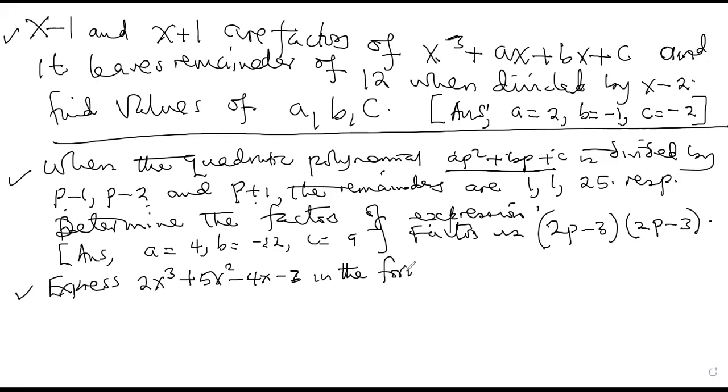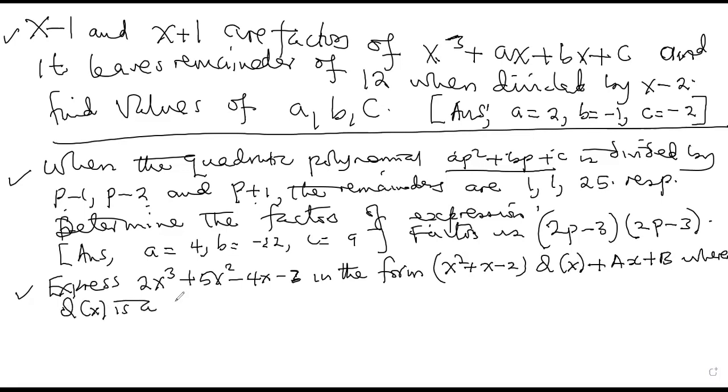in the form x squared plus x minus 2 times quotient of x plus ax plus b, where q of x is a quotient, a polynomial in x, and a, b are constants.